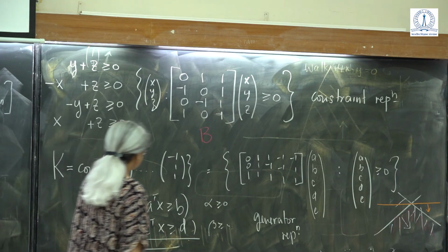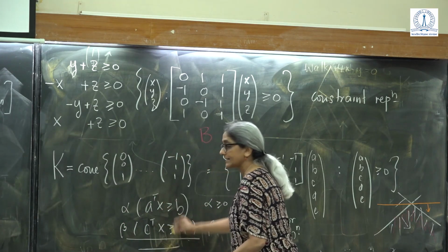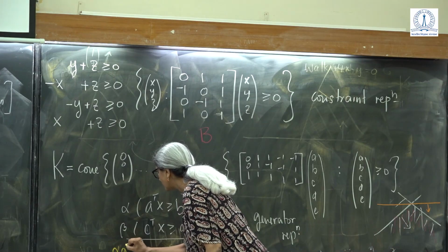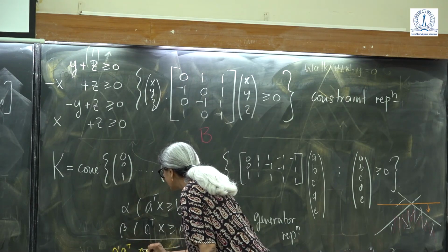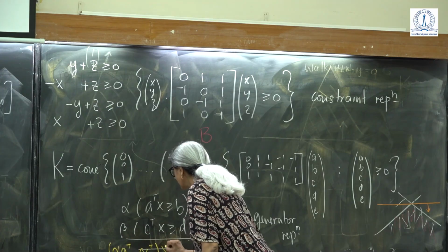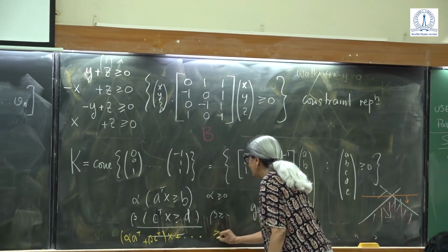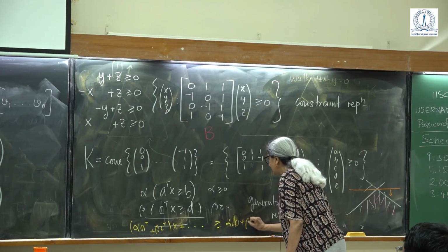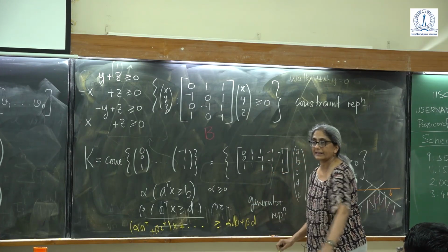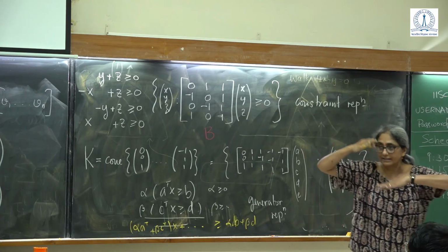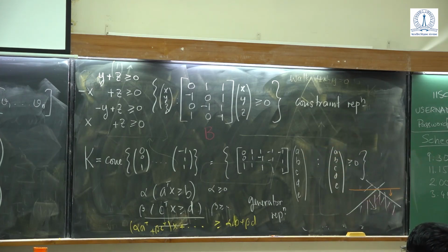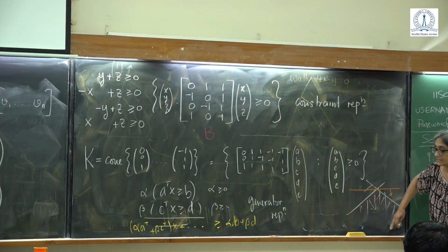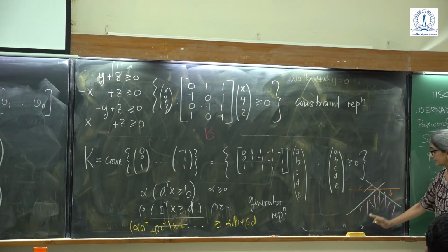I'm just saying that this inequality that you get by summing the two, right? If you sum the two, I will get (alpha A transpose plus beta C transpose) times X plus so on, greater equal to alpha B plus beta D. This is a new inequality that I got by combining two inequalities, right? But what's happening is the first inequality was this white thing and this side. The second was this inequality and that side.